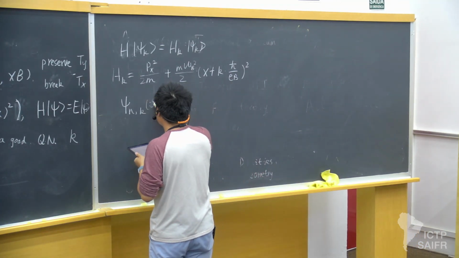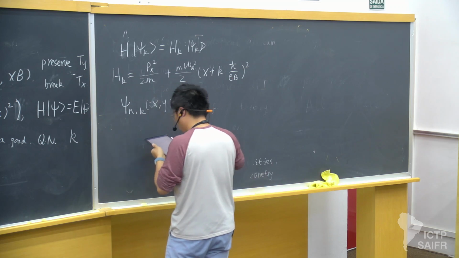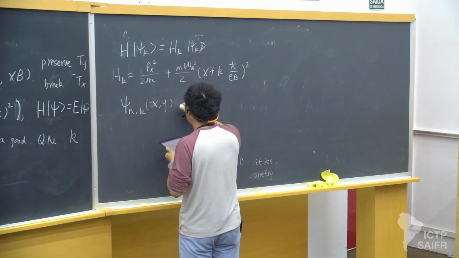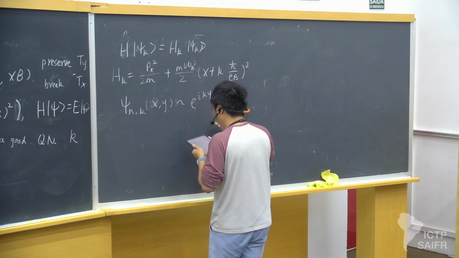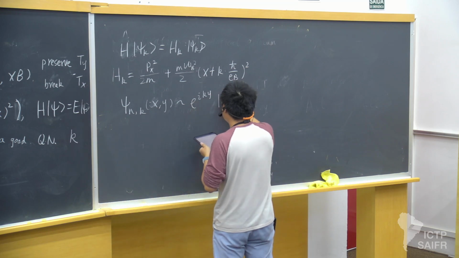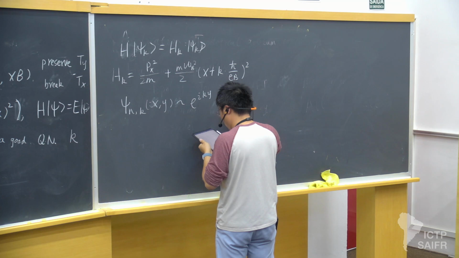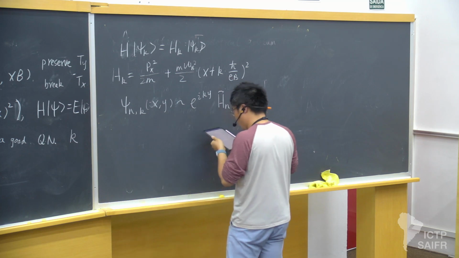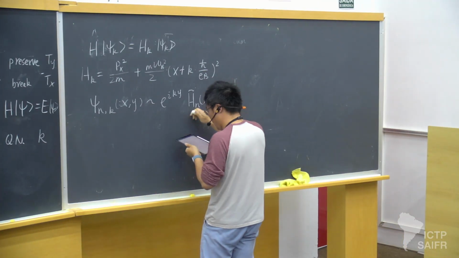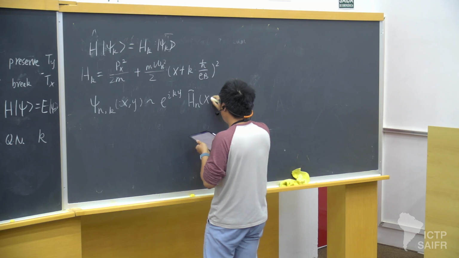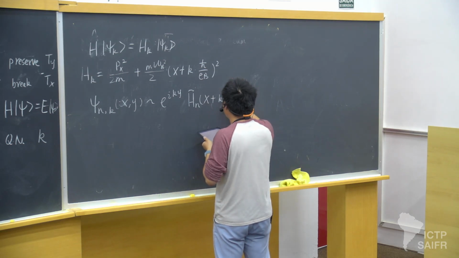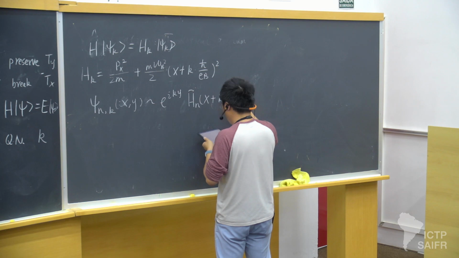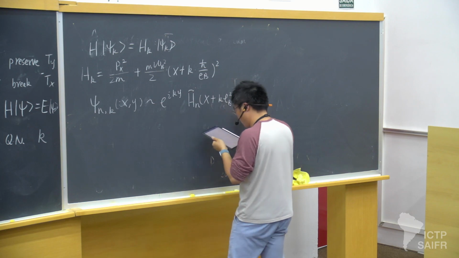My wave functions will be like this: exponential of i k y, times, let me call it H tilde, and that is the solution of the harmonic oscillator. That is the Hermite polynomial that we learned in the quantum mechanical course.